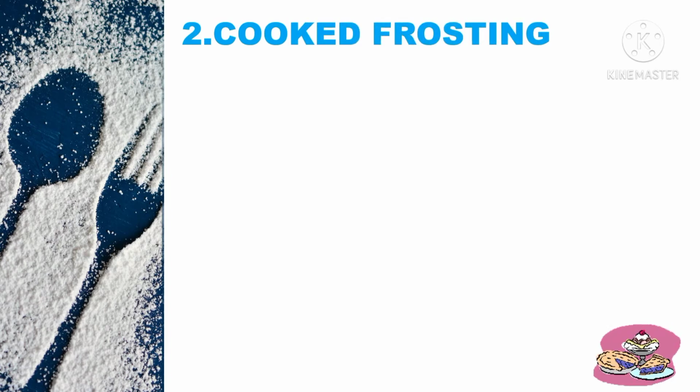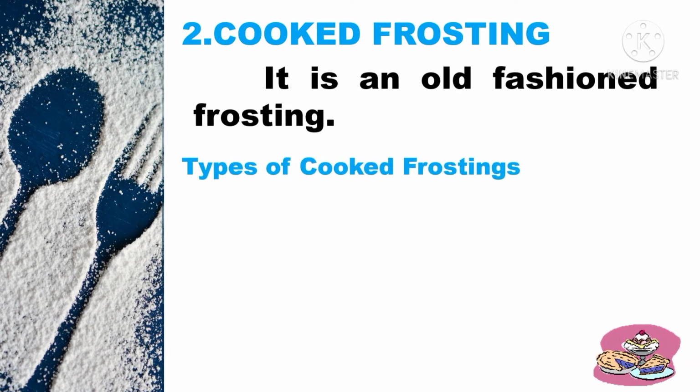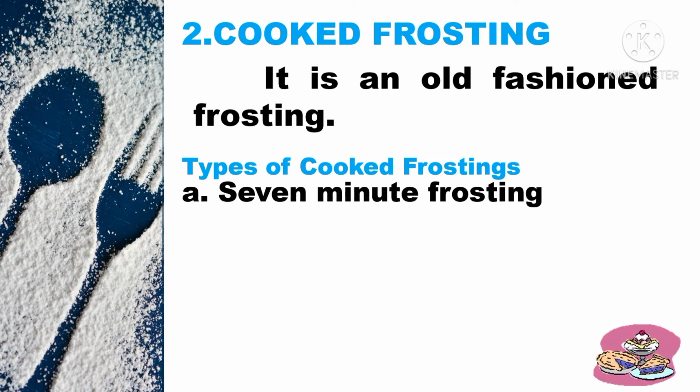Number 2. Cooked frostings. Cooked frostings are an old fashion of frostings. We also have the different types of cooked frostings. Letter A is the 7-minute frosting. This is traditionally cooked icing and it is made by warming sugar, water, and corn syrup to a bubble.